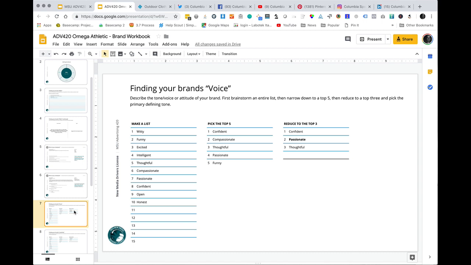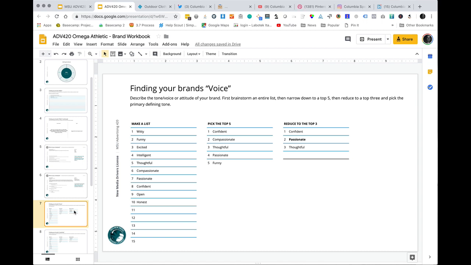And again here, what we're going to be doing is creating a long list of the different words that could describe the personality, and then whittling down to maybe the top 5, and the top 3, and then the most important word. So in our case, we wanted Omega Athletic to be witty and funny, excited most of the time, really intelligent and thoughtful, but yet compassionate, passionate, exuding confidence, while still being open and honest, so people feel comfortable really engaging with the brand.